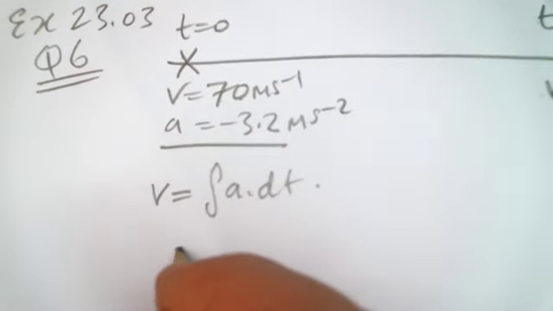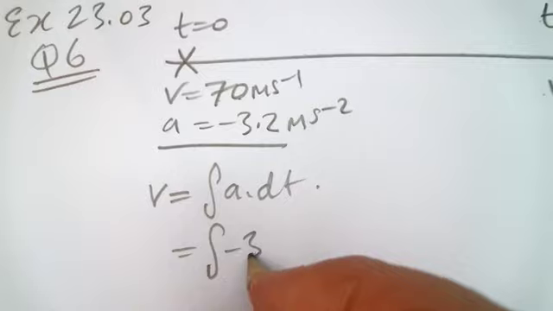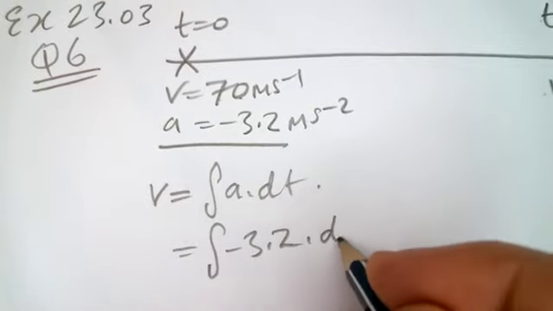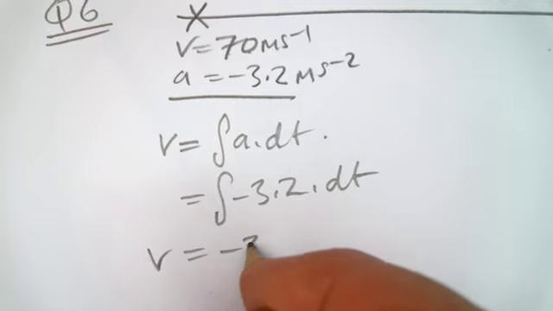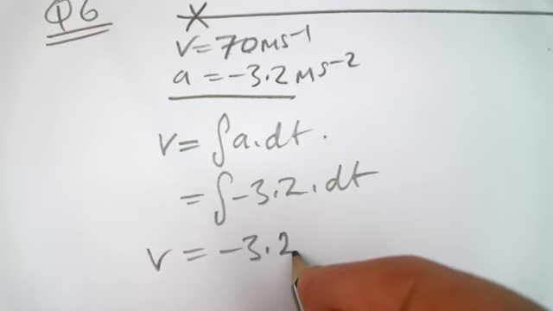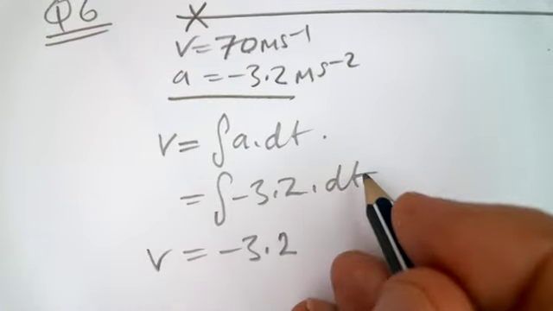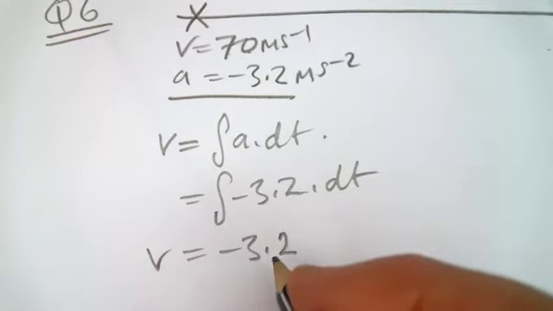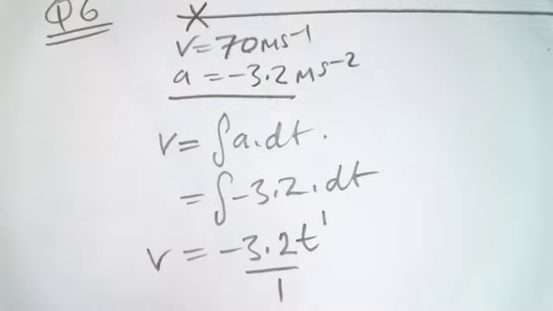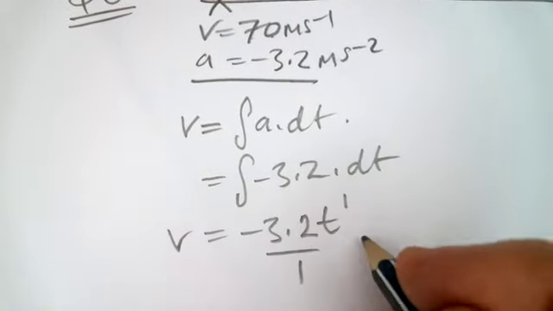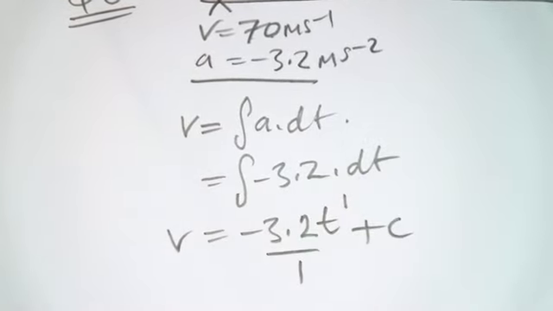I can rewrite that as the integral of negative 3.2 with respect to time. So velocity is equal to negative 3.2, and we increase the power of t by 1, so it's t to the power of 1, divided by 1. And of course, we add c to the end of it.